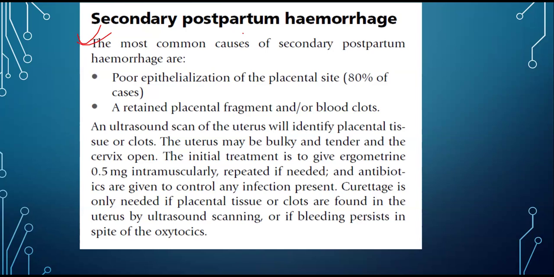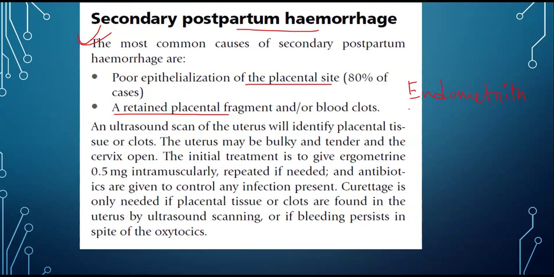Now, secondary postpartum hemorrhage. As I said, if there is bleeding from 24 hours after delivery up to 6 weeks postpartum, that's secondary. The most common cause is poor epithelialization of the placental site. But one of the other important causes is retained products of placenta, and sometimes also endometritis.